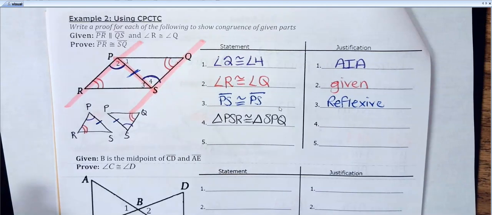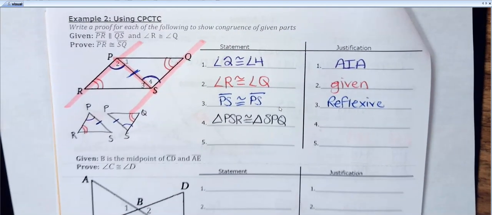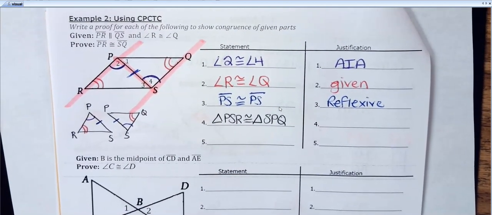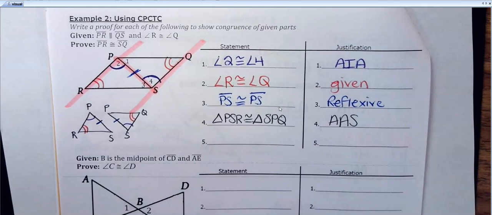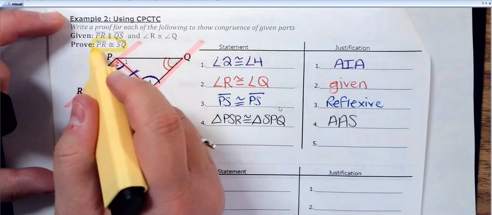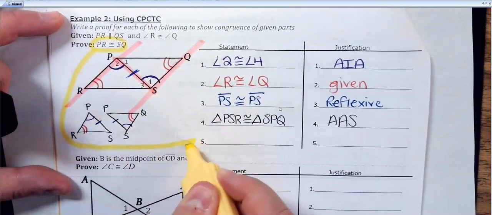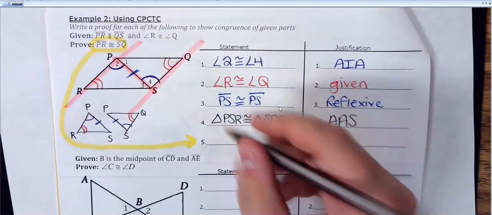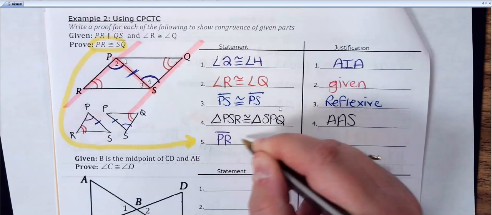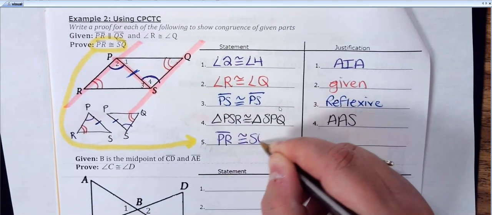Once you got that, why are they actually congruent? Which one of the reasons that we've been using? Angle, angle, side, sweet. And forgive me, I probably should have started out with this. Whatever you're trying to prove, though, that should be the very last step. So even though I didn't know this initially, PR and SQ are going to have to be congruent now.